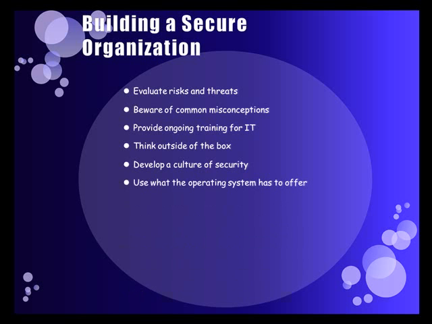A lot of times the operating system has tools to help you mitigate security risks. You don't always have to go out and hire an expert or buy third-party software. There's lots of stuff you can actually do to secure your data. For instance, on all servers, all computers, even a laptop or a lot of PDAs, you can encrypt your data right there on the computer.